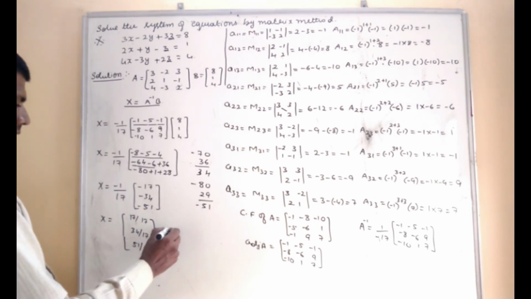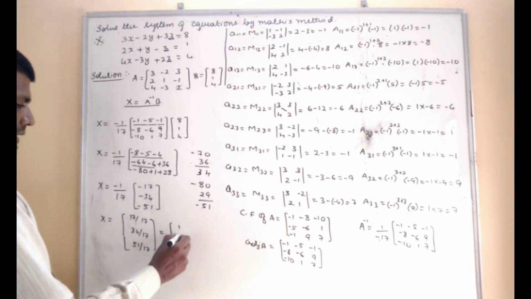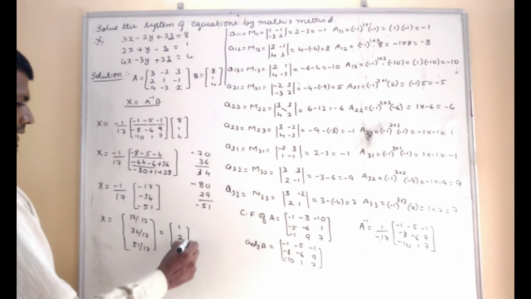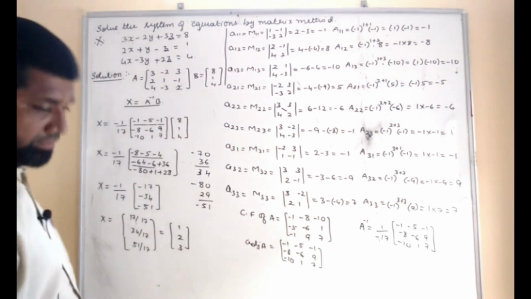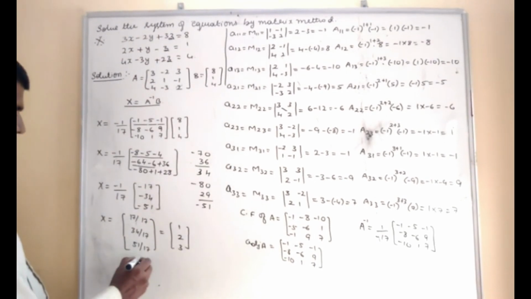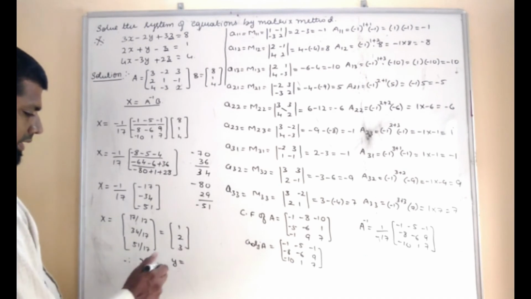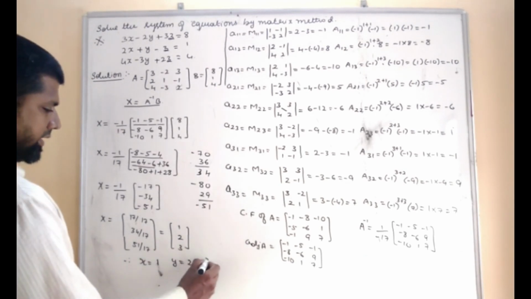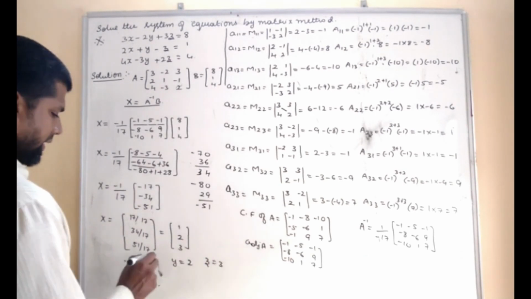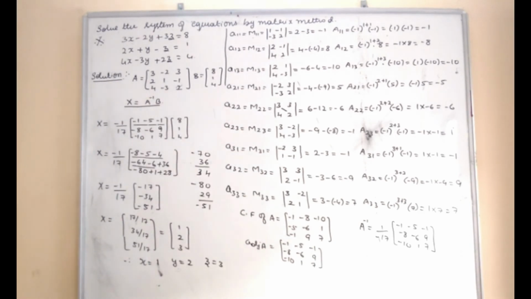If you divide, the values are 1, 2, 3. Therefore x is equal to 1, y is equal to 2, and z is equal to 3. So these are the values of x, y and z.